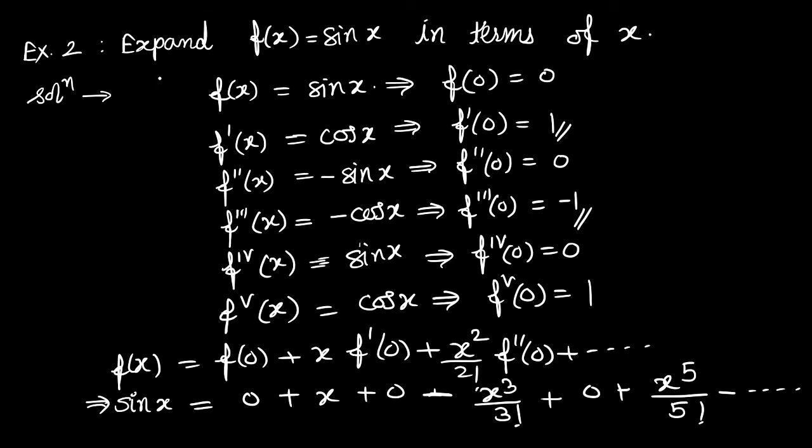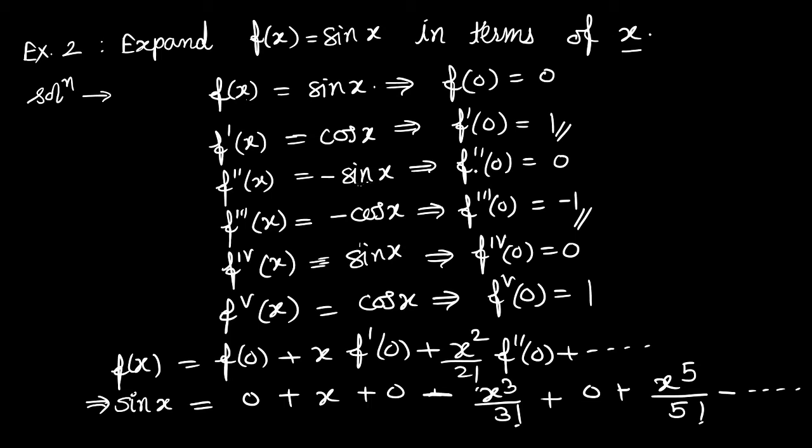Now, secondly, we consider expansion of f of x equal to sin x. Here f of x equals sin x in terms of x, therefore again we apply the Maclaurin series. Find out minimum three terms. Therefore f of x equals sin x, f of 0 is 0. Then f dash of x, f double dash of x and so on; we find out the next derivatives.